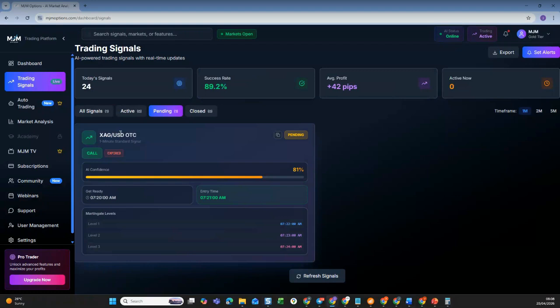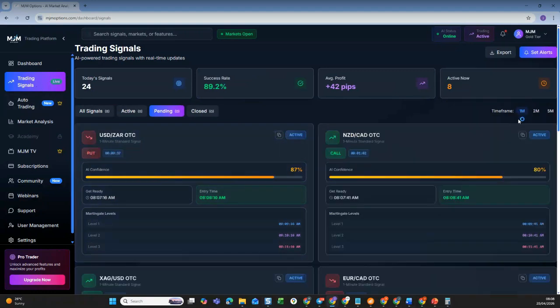Now, on this pending, you see something like 1 minute standard signal, unlike the dashboard where you saw 5 minutes. On the trading signals, you have the luxury of selecting multiple time frames. You can see 1, 2 minute standard signal, and 5 minute standard signal.